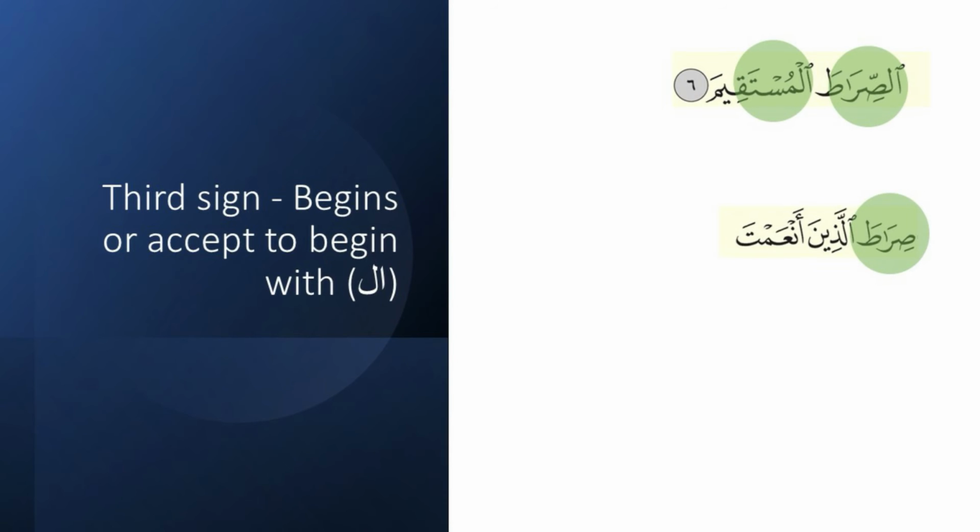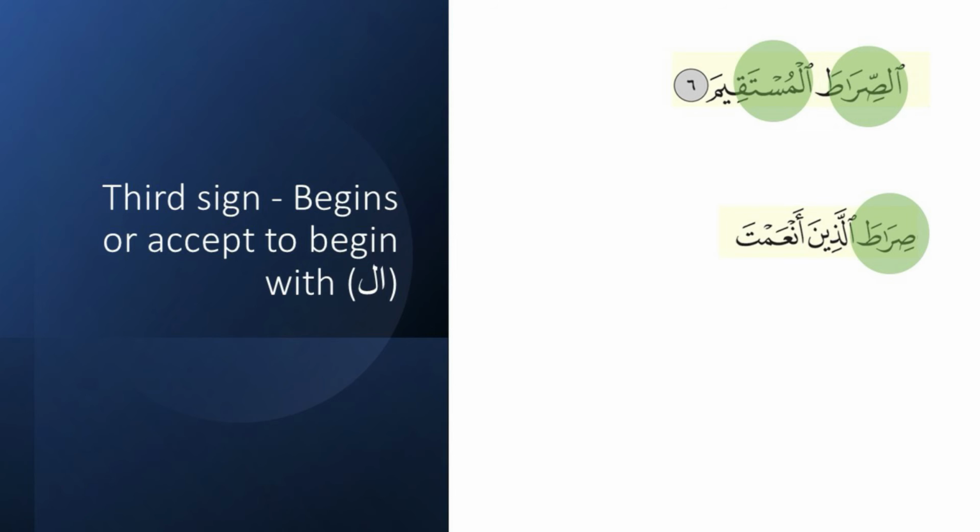Moving on to the third sign or indicator, which is that the word would accept, or already begins with, al, alif lam. And this is really straightforward. So for example, الصراط المستقيم. These two words both start with al, therefore they are nouns.